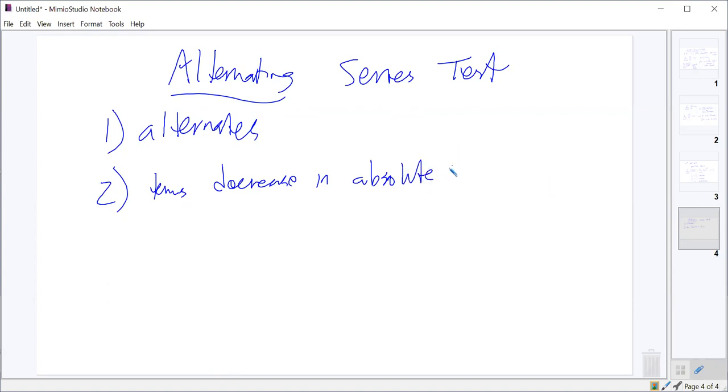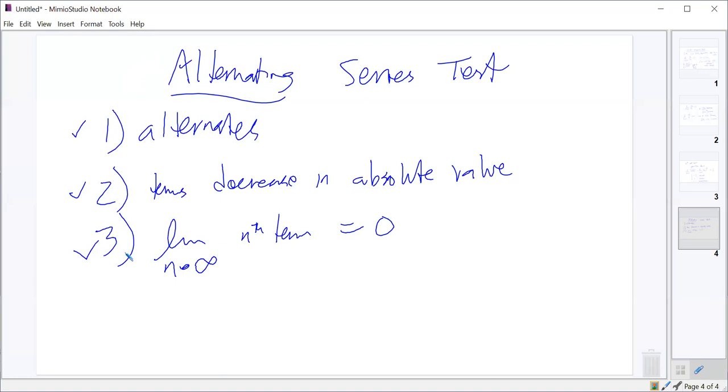So if you're taking the absolute value of each term and they are getting smaller, then that's the second criteria. And our third criteria is that the limit as n approaches infinity of the nth term equals 0. And so if all 3 of those criteria are met, then it converges.